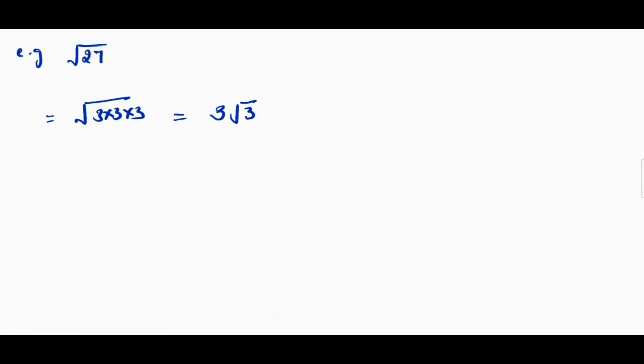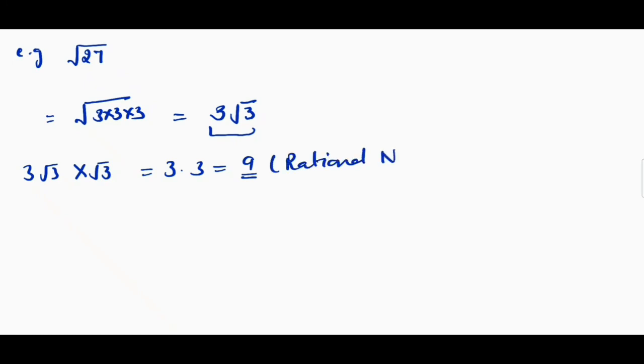And if I multiply this number 3 square root of 3 with square root of 3, then I will get a rational number which is equal to 9. This is a rational number. So we can say the least rationalizing factor for square root of 27 is square root of 3.